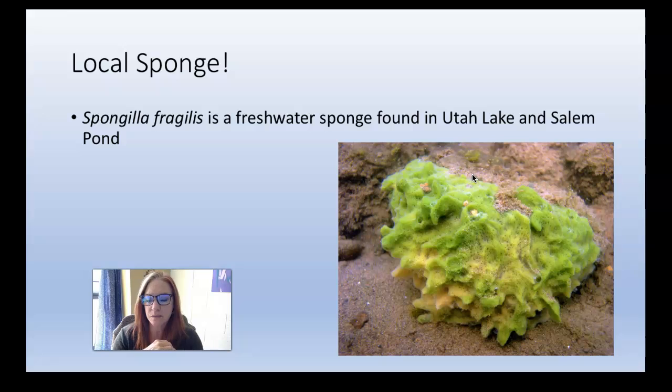Utah Lake has had some serious issues with toxic algae blooms for the last couple of years, which happens because we like to put fertilizer on our farms and our lawns. And all the streams that run down into Utah Lake carry that fertilizer with them, which makes the algae bloom. So there's been a lot of toxic problems in Utah Lake. So hopefully there are still some little Spongilla fragilis in there.